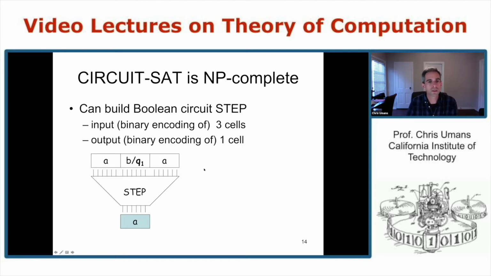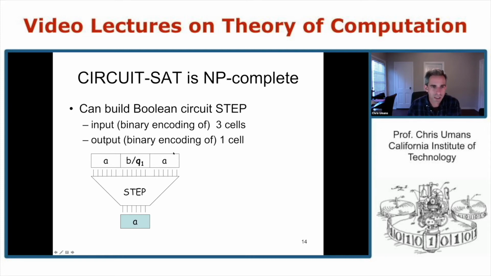We can build a Boolean circuit, which I'll call step, which takes the contents of 3 cells in the tableau and produces the content of the cell in that middle position in the next row. When I say it takes, this is a Boolean circuit, so it takes bits and outputs bits.